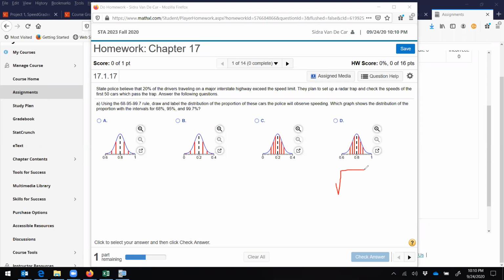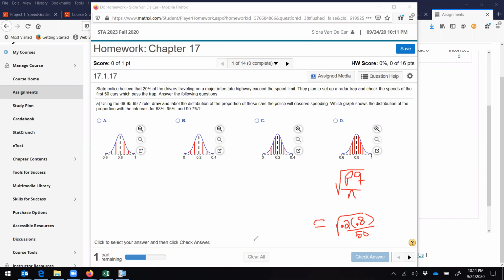The standard deviation we were looking at was the square root of P times Q over N. The P we defined there, and the Q was 1 minus P. That's what we were working with. So for this particular problem, our P is the 0.2 from the 20%. So we would be looking at the square root of 0.2 times 1 minus 0.2, which is 0.8, over the number of cars, the N, which would be 50.